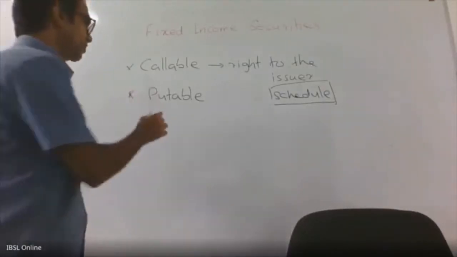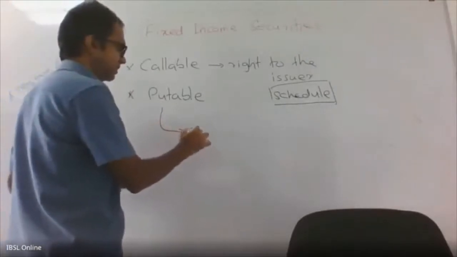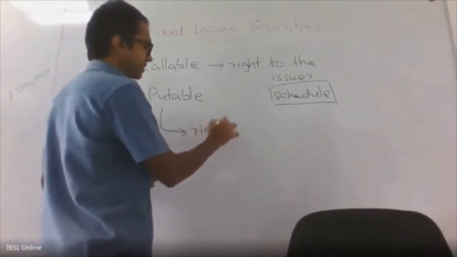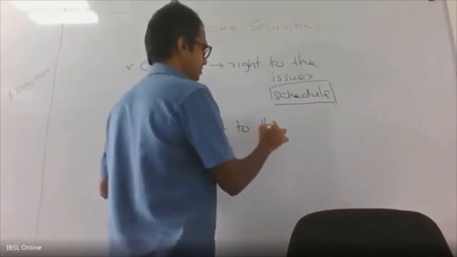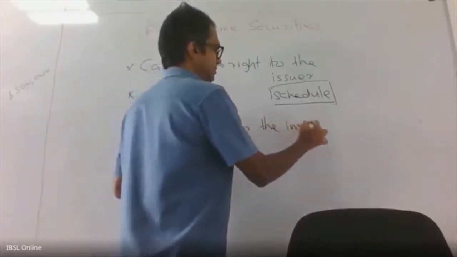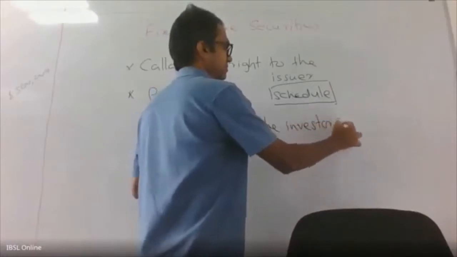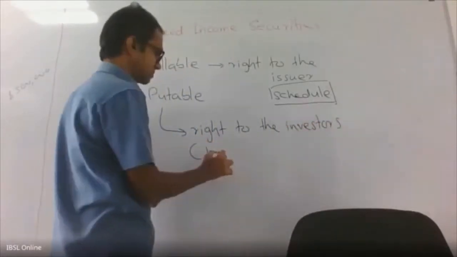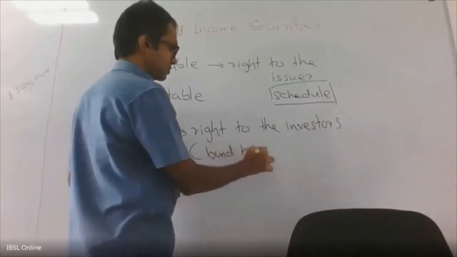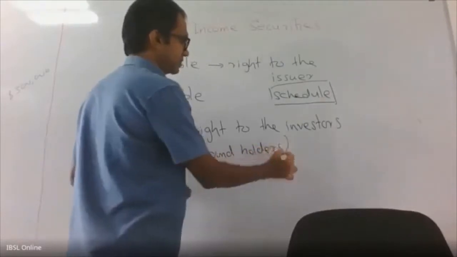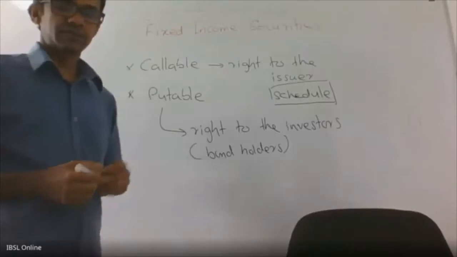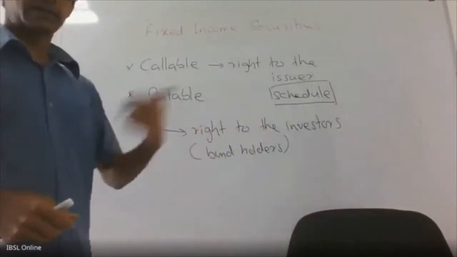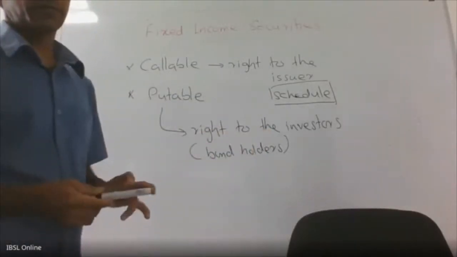In the puttable bond, it is the other way. That gives a right to the investors or the bondholders. The bondholders can say, please take this back and give our money.